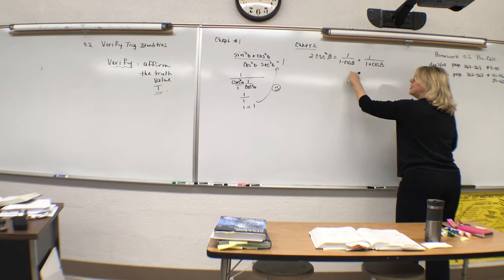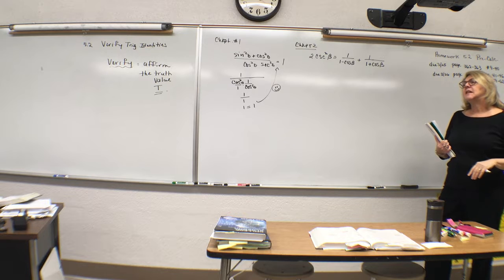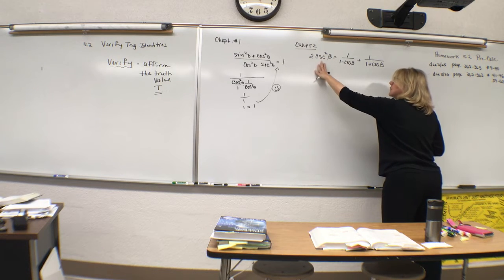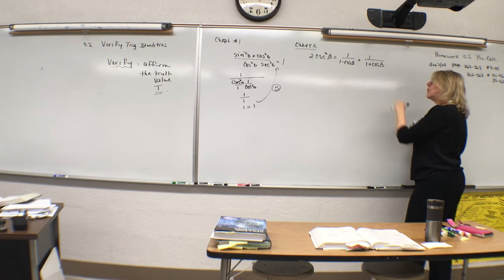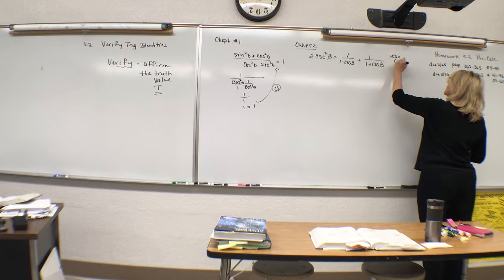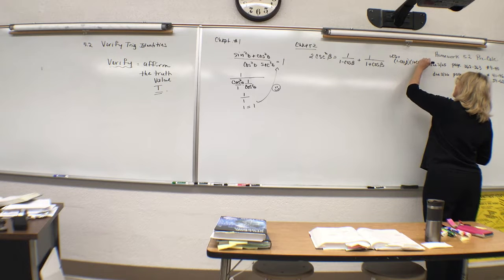Now again, noticing that the denominators are different, we worked with this in the last section. This side is more complicated than this, so we're just going to hold this constant. We're going to work strictly with the right. The LCD here, of course, is going to be the product of 1 minus cosine beta and 1 plus cosine beta.